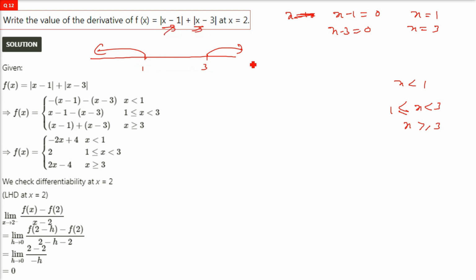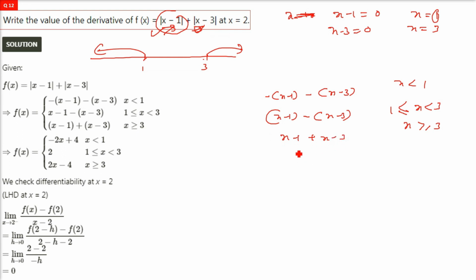On the left of 1, x minus 3 also will be negative. So negative x minus 1, negative x minus 3. Alright. Between 1 and 3, because you are above 1, x minus 1 will be positive, but x minus 3 will be negative. Now, x greater than or equal to 3, so you are positive for x minus 1 also, x minus 3 also. So just put positive here.